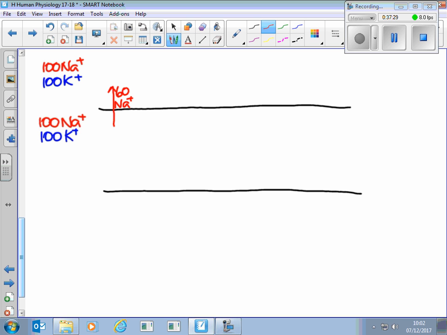In which case, how many potassiums are going to go in? 40, yes. For our 3:2 ratio, if 60 Na pluses go out, then we must have 40 potassium ions going in. That is carried out by this one protein, the sodium-potassium pump. So this is our active transport.